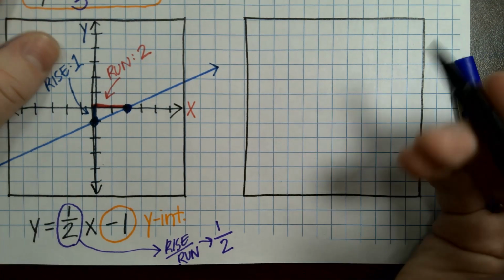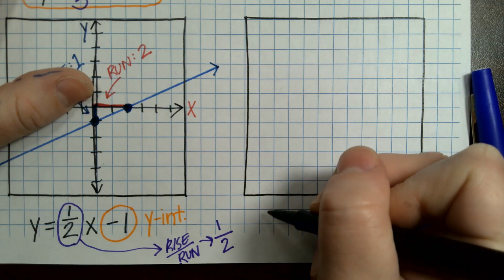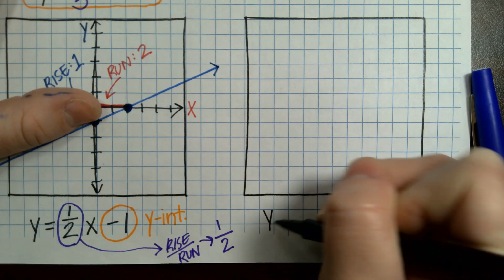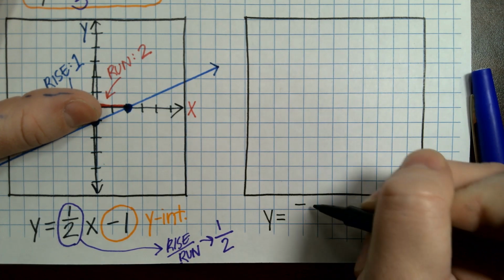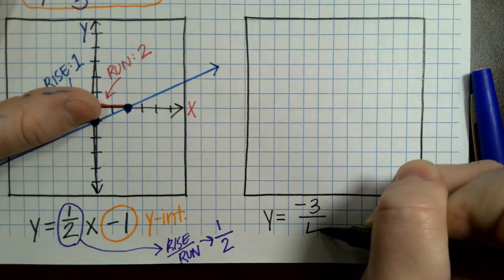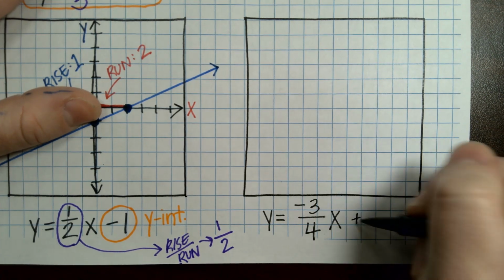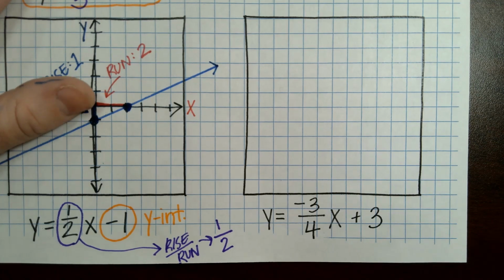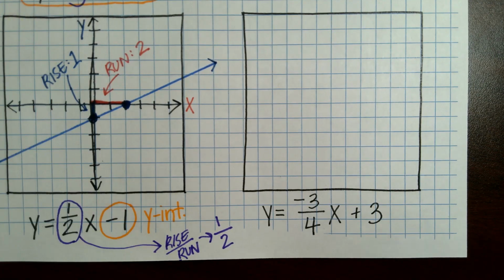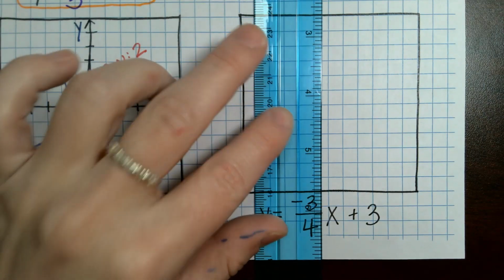Okay. Let's try one with a negative slope. How about y equals -3/4 x plus 3. And I'm going to draw my x and y axes again.